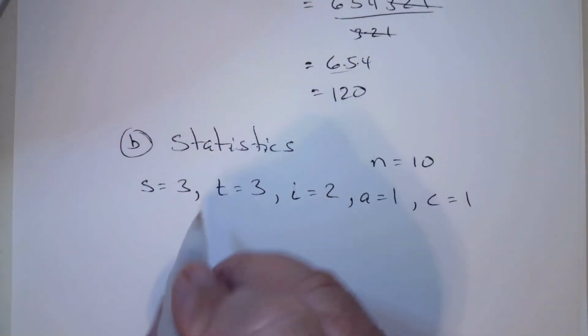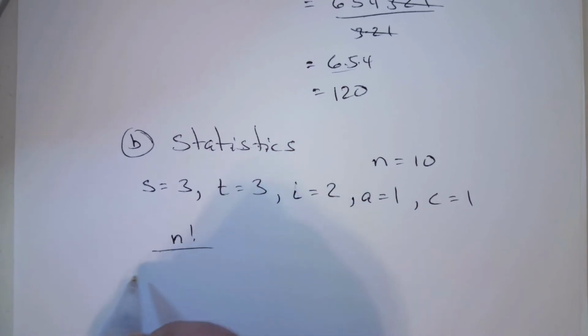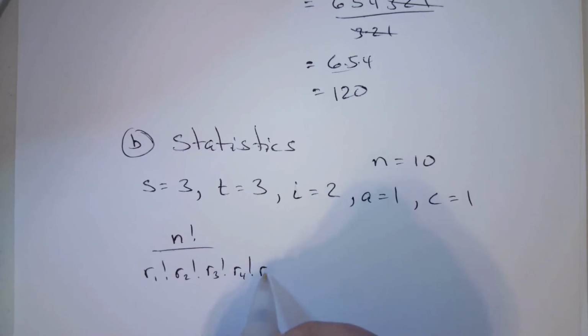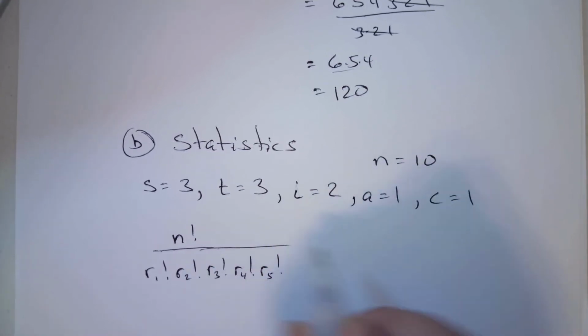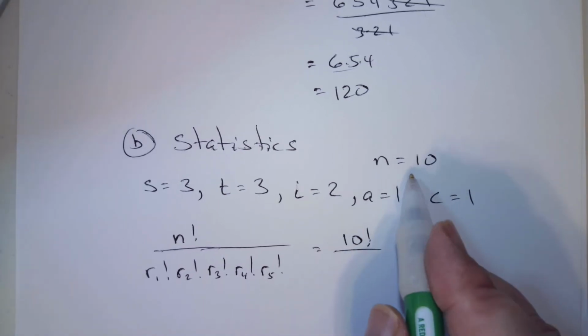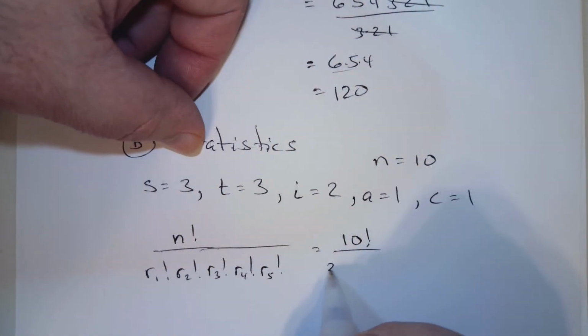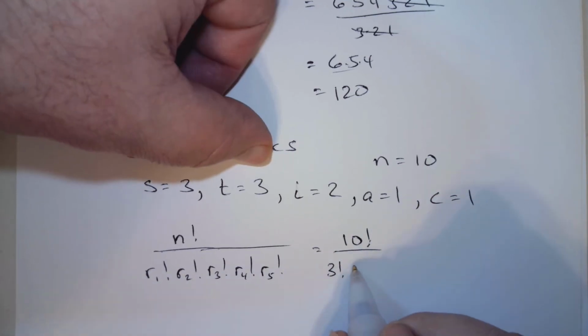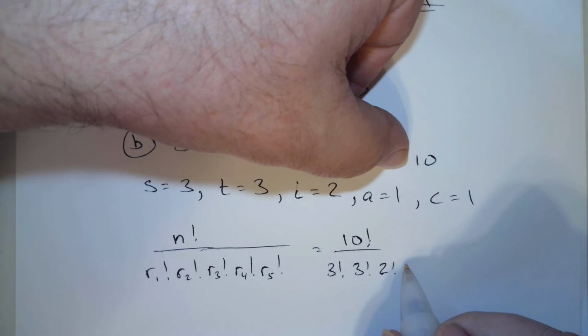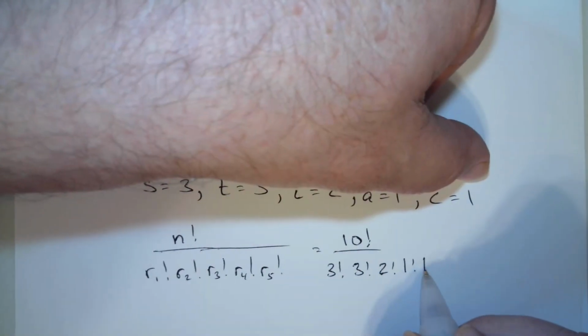So the number of arrangements possible is 10 factorial, that's n, over 3 factorial, 3 factorial, 2 factorial, 1 factorial, 1 factorial.